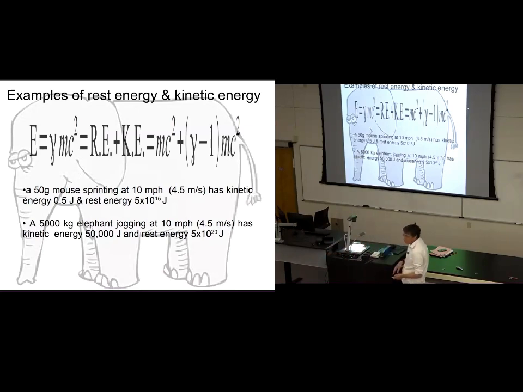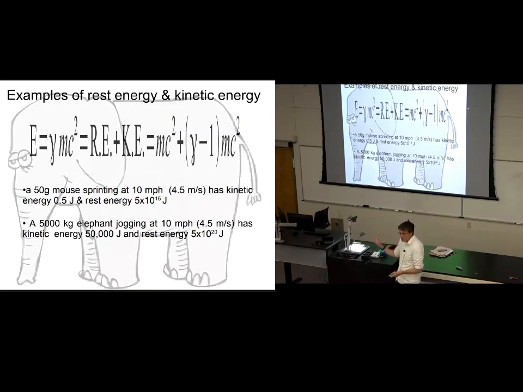Elephant. Mass of an elephant is 5,000 kilograms. How fast does an elephant jog? An elephant can jog at 10 miles per hour also. So let's calculate the kinetic energy and the rest energy of a 5,000 kilogram, 10 mile per hour elephant. It comes out to be, for the kinetic energy associated with the motion, 50,000 joules.